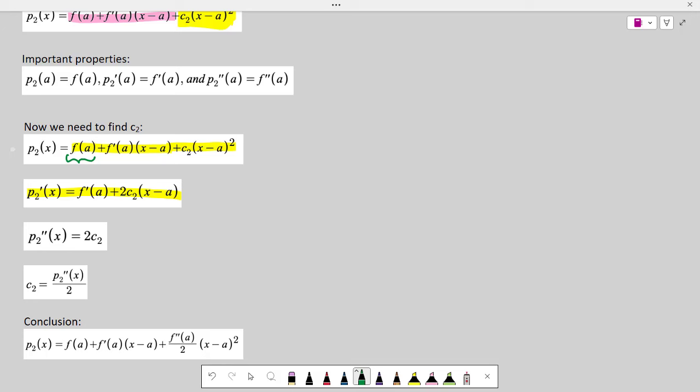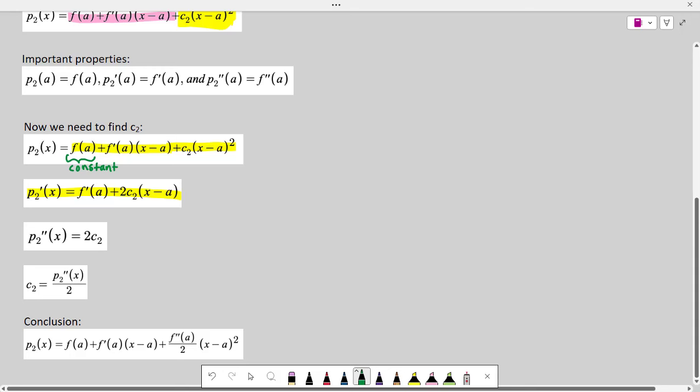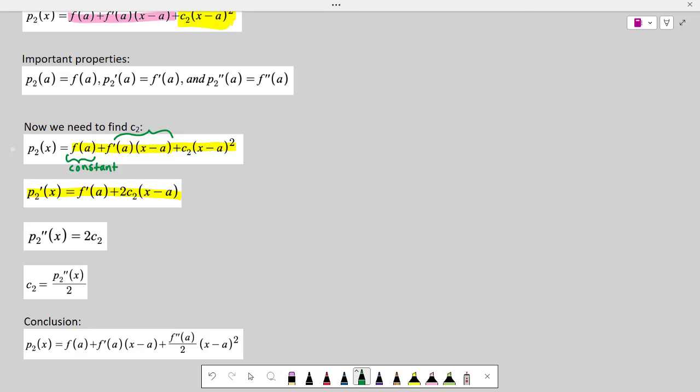Right? This first part is the tangent line, so it's like 5 plus 3x minus 2 or something. f of a is a constant. So its derivative is 0, so that's gone when we take the derivative. Now let's look at this middle term here. If you were to distribute, f prime of a is the slope. That's a constant. If you distribute it over to the a, that derivative would also be 0.